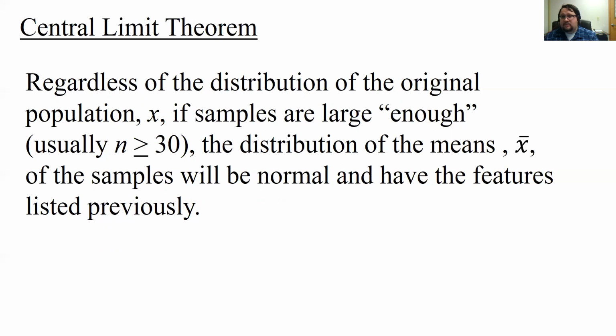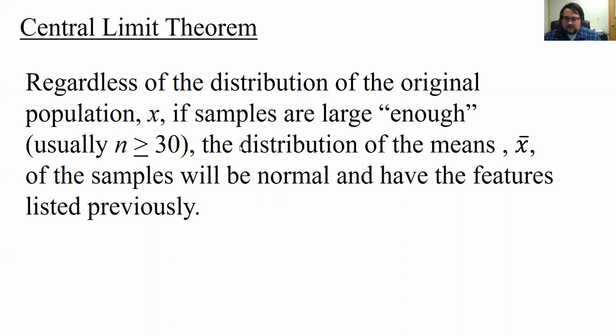But you have to have samples of size at least 30 if you can't guarantee the original population is a normal distribution. It could be close, but if it's not normal and has no symmetry to it, then you should work with samples of size 30 or bigger. That's what this is saying.